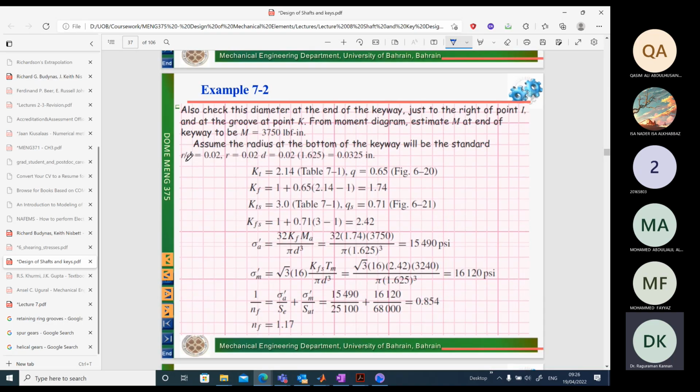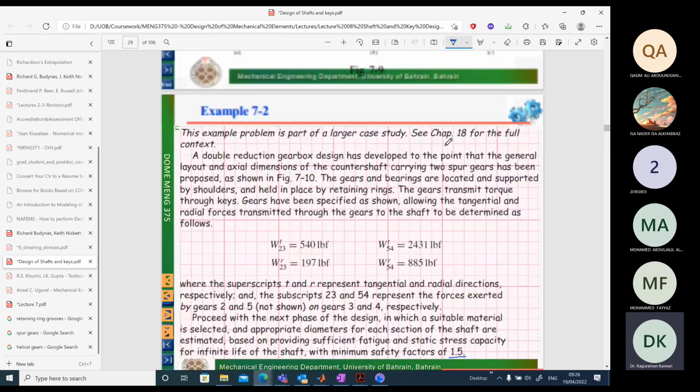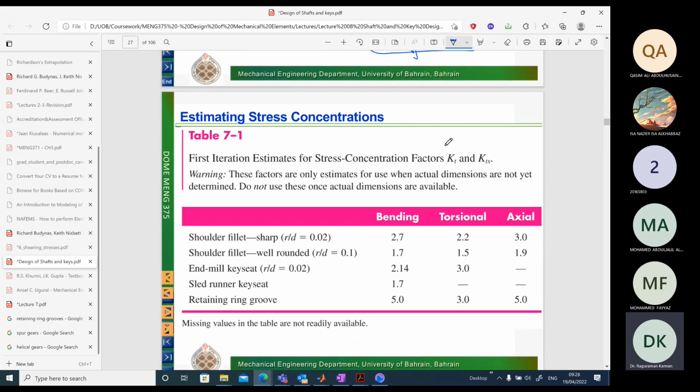And now for the key seat, we assume from the standard table what the sizes are. R over d is 0.02. Okay, for the key seat, this is the one they have assumed. Let's go back to the table. 0.02.